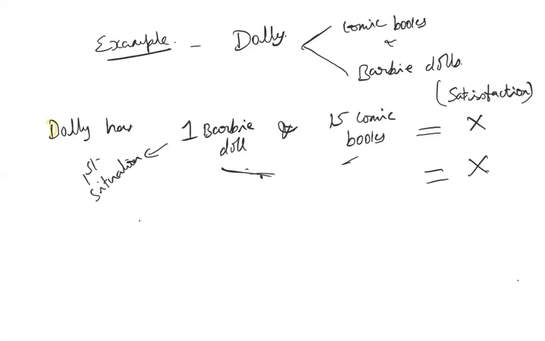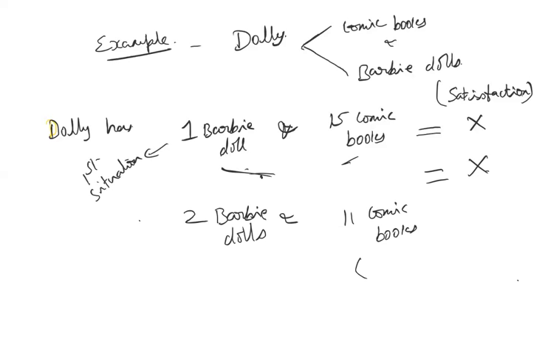So we are asking how many comic books she will exchange in order to get one more Barbie doll. Let us assume she can have one more Barbie doll, that is two Barbie dolls, and she will sacrifice 4 units of comic books. So 11 comic books.